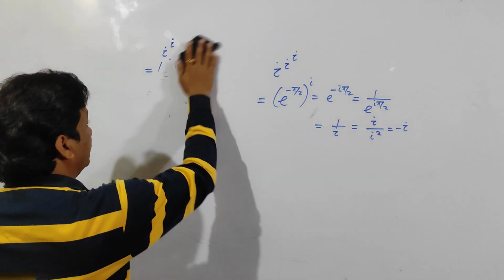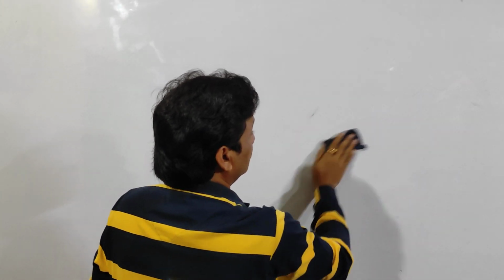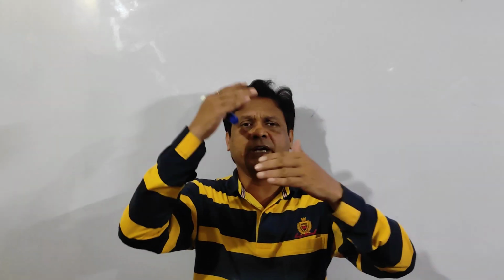So always think for 5 minutes: what is the extended formula of anything? The question in JEE and in GATE exams was, what is the value of i to the i? Clear? So now you can find i to the i to the i to the i to any power.